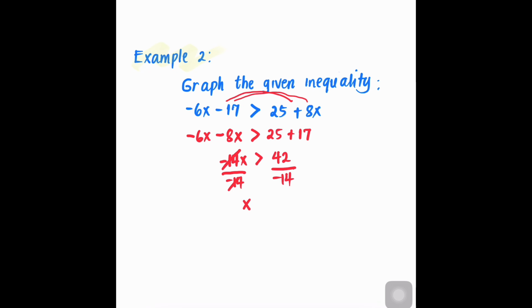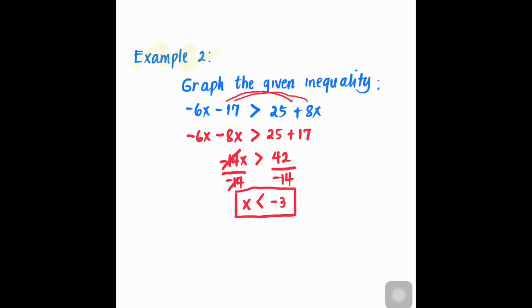So since we divided by a negative number, from greater than, it will become less than. Then 42 divided by negative 14 is negative 3. So this is our solution.